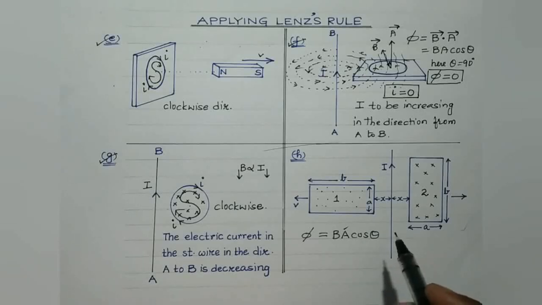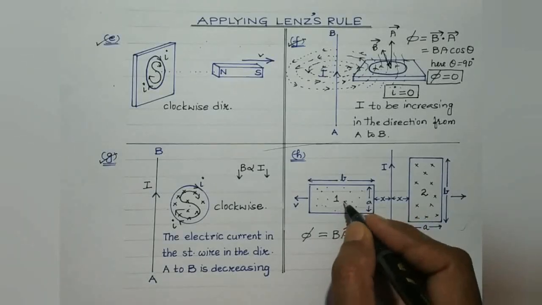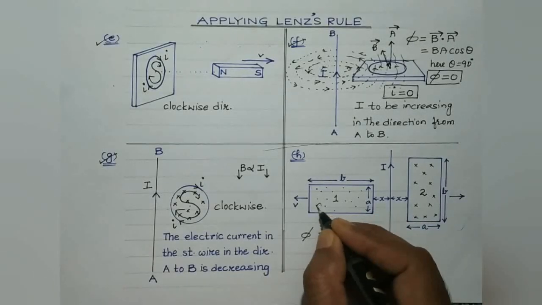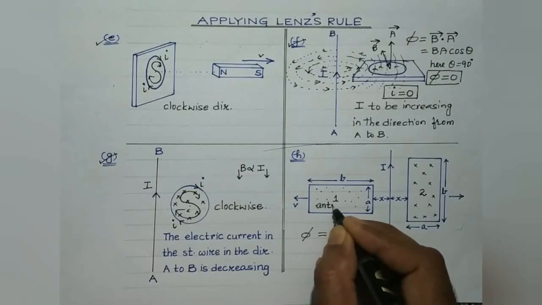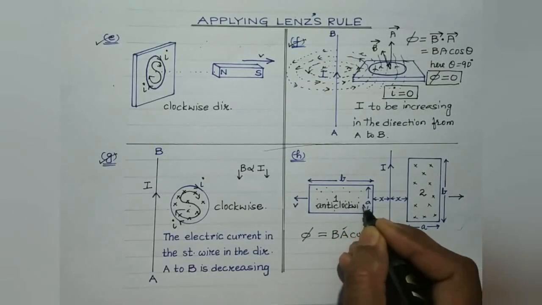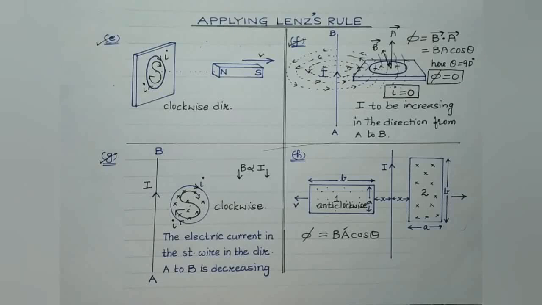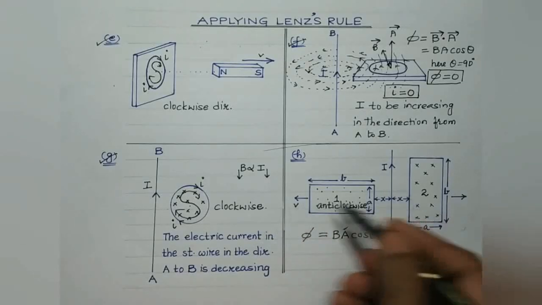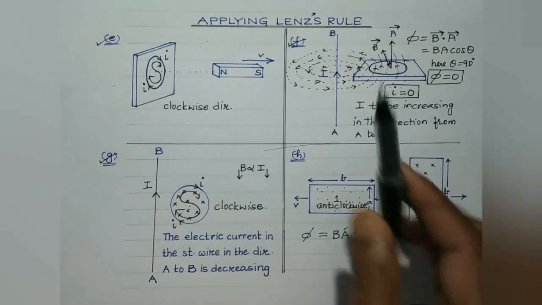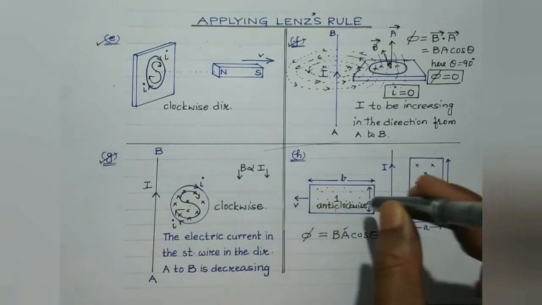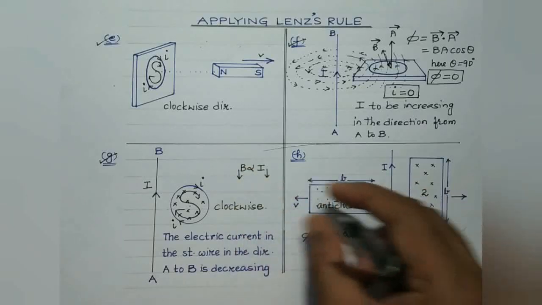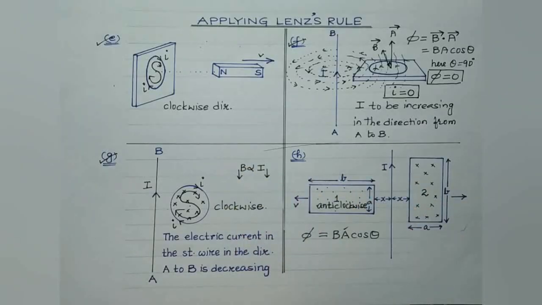For this, current through loop 1 must be in the anti-clockwise direction. In 1, the direction of the induced current must be in the anti-clockwise direction. I'll justify it. Now look, as the loop is moved away, the outward magnetic field lines will start decreasing through this effective area, isn't it?